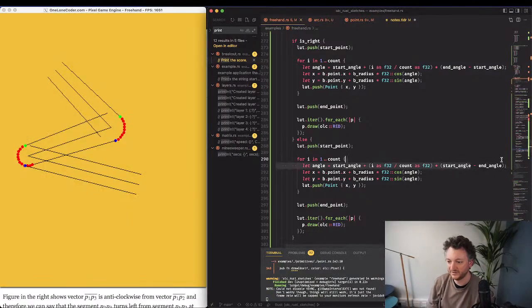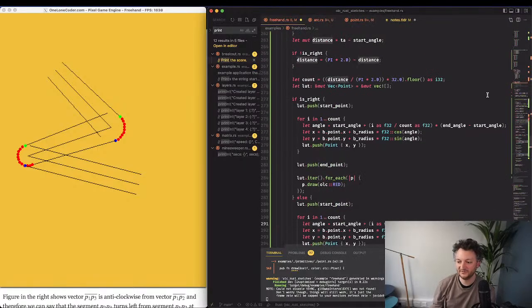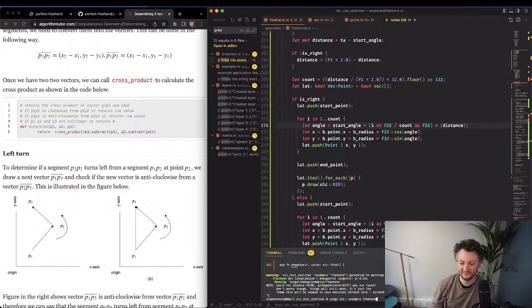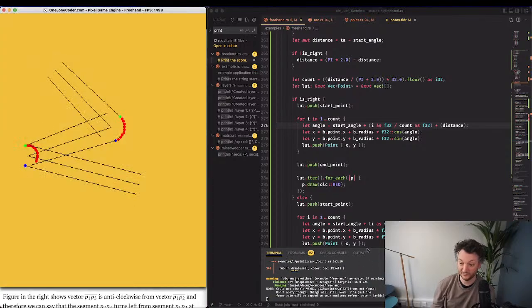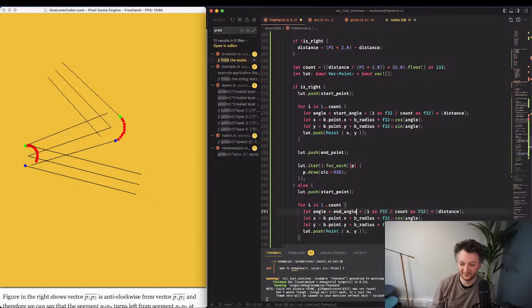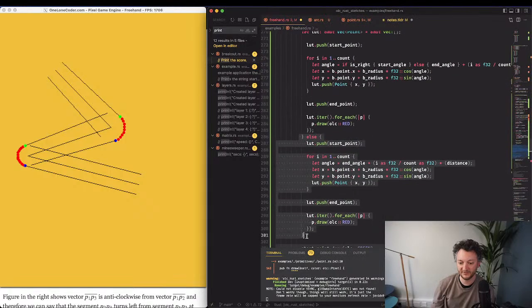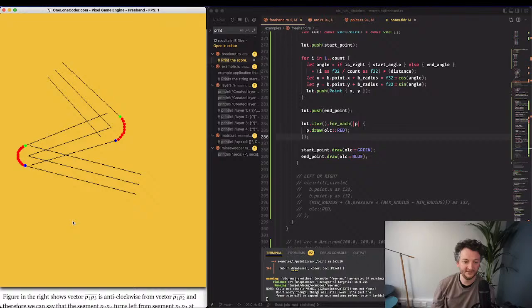Okay, we're getting there. And maybe this should be distance. Okay, once again, it seems like we're getting closer. What if I do it like this? Okay, that's good. Then we have our answer, which is if it is right, then start angle, else end angle, and then we'll just do it by distance, and then we can get rid of these two different blocks, and we have it.